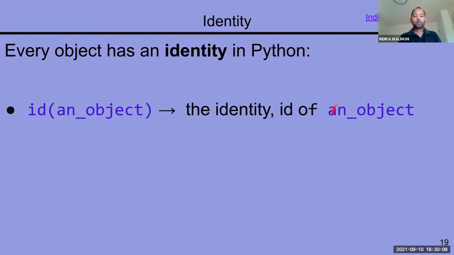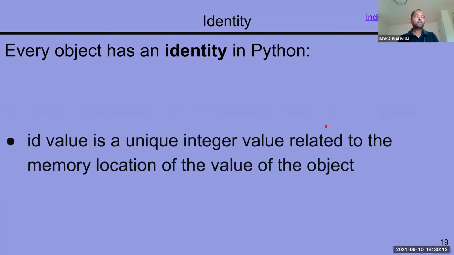ID is basically a unique integer value, and it's related to the memory location of that object.